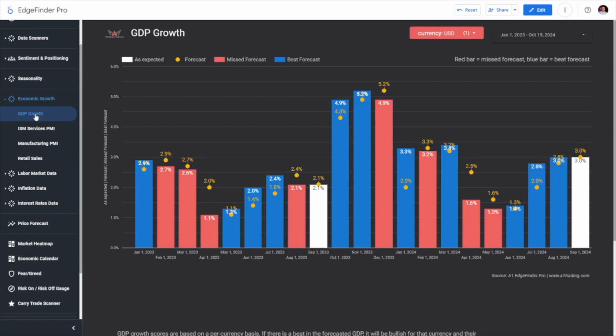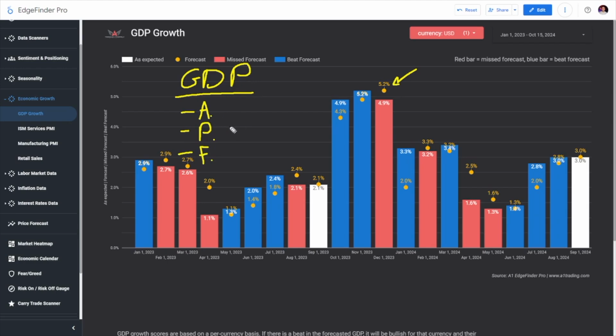Now that you're on GDP growth, what you'll see is some really cool, fancy looking charts here. There's a legend that keeps things very simple, but all you really need to know with GDP growth is that a higher number indicates a stronger level of growth. We're breaking GDP into its three components in the US, which is delivered in three parts: the advanced GDP, the preliminary GDP, and the final GDP numbers.